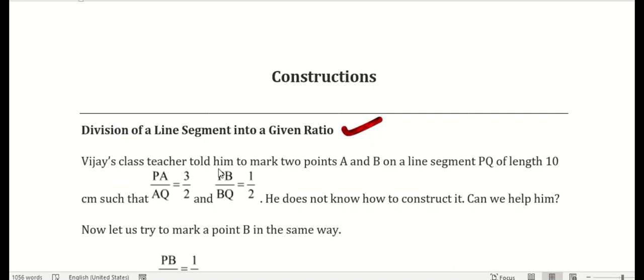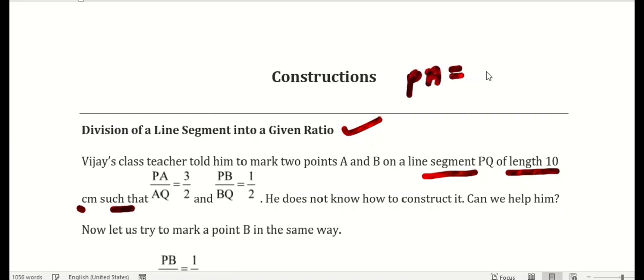Vijay's class teacher told him to mark 2 points A and B on a line segment PQ of length 10 centimeter such that PA by AQ equal to 3 by 2 and PB by BQ equal to 1 by 2. That means you know very well how it is written.